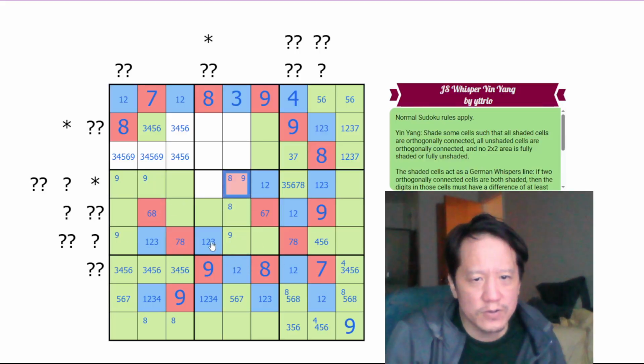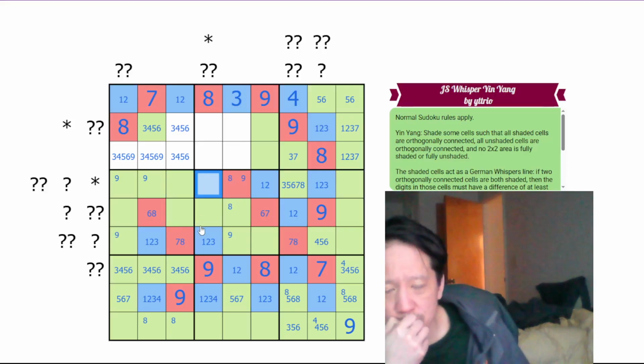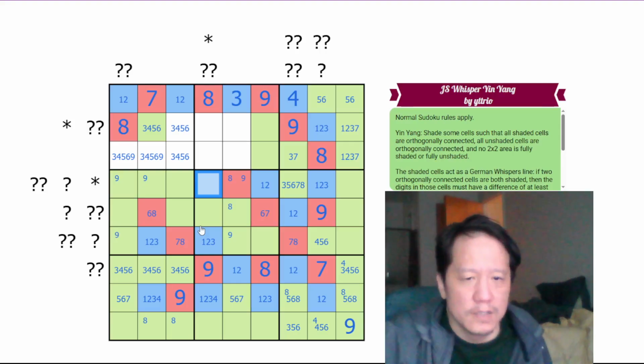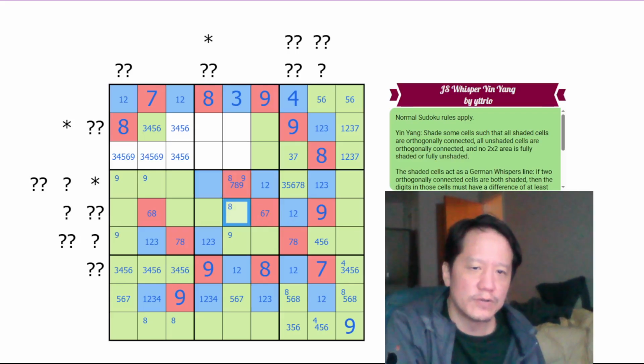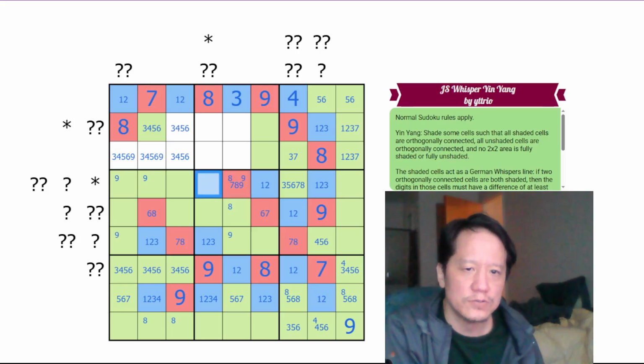So that could work. This would have to be shaded because of the 2x2 area. Let's see, this would be 7, 8, or 9 next to 1 through 4.